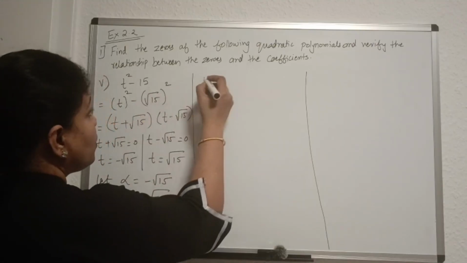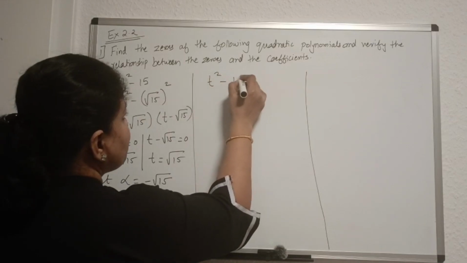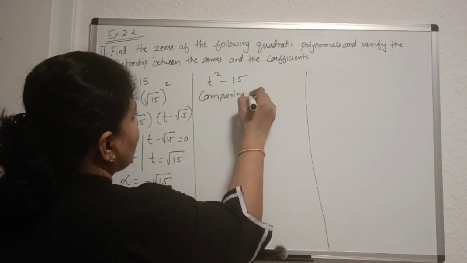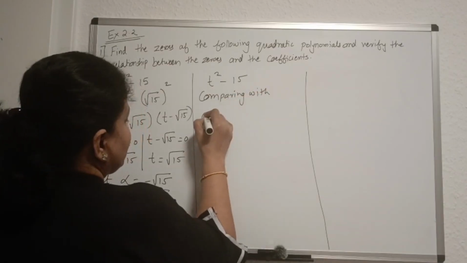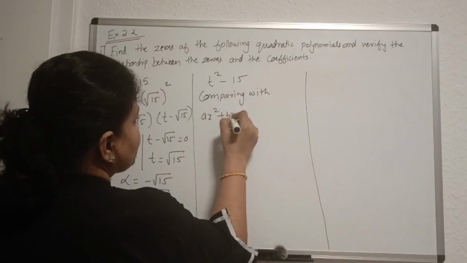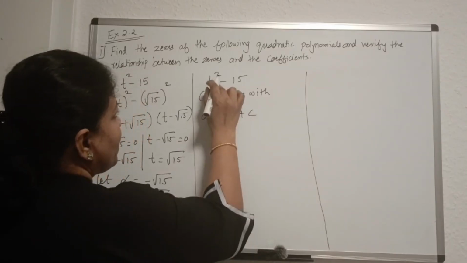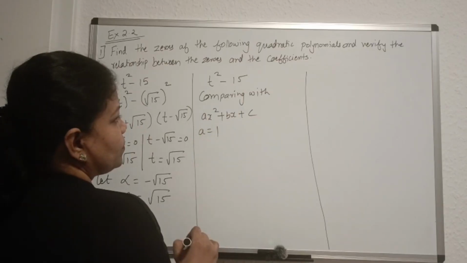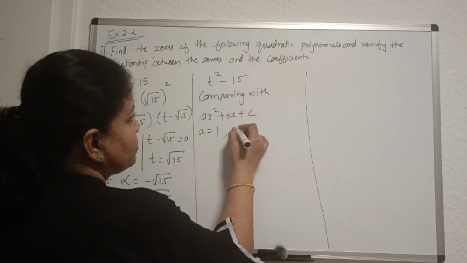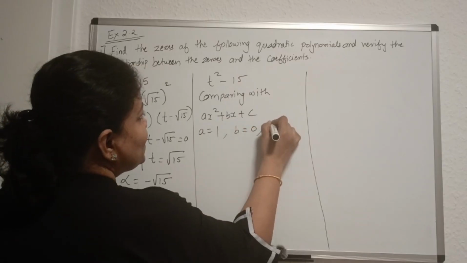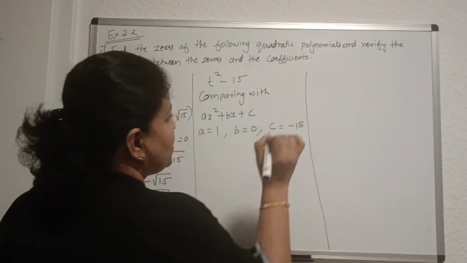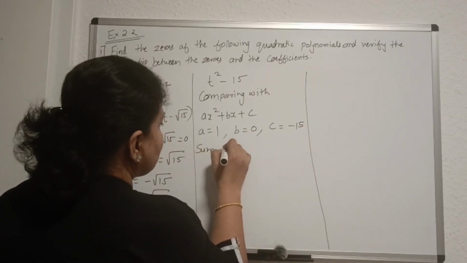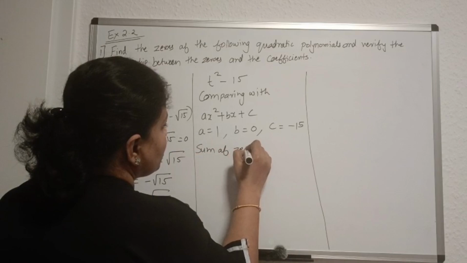Okay, now take the quadratic t square minus 15 and compare it with the standard form, that is ax square plus bx plus c. Here you compare t square with x square, so your a is 1. There is no b term, so b is 0. But the c term is there, which is minus 15. Okay. So now the first relationship, that is the sum of zeros.